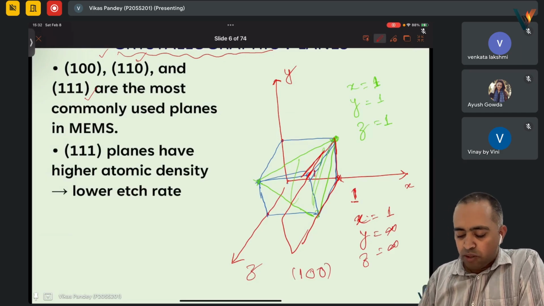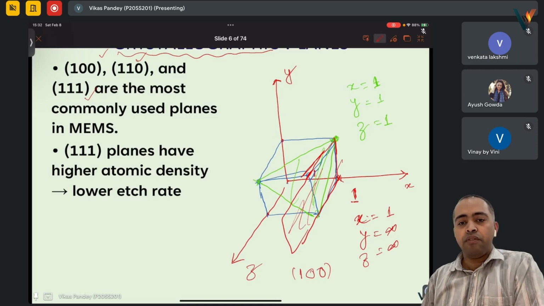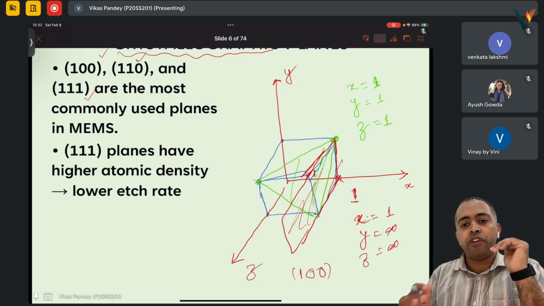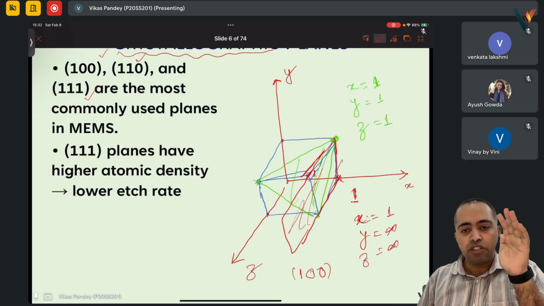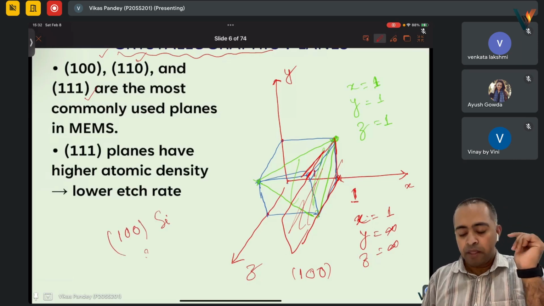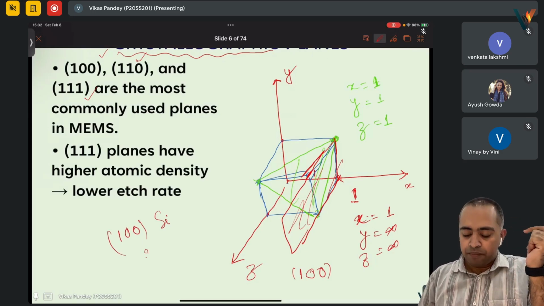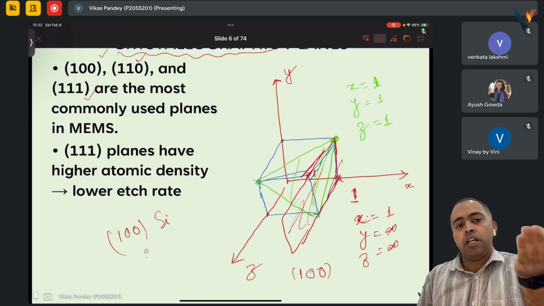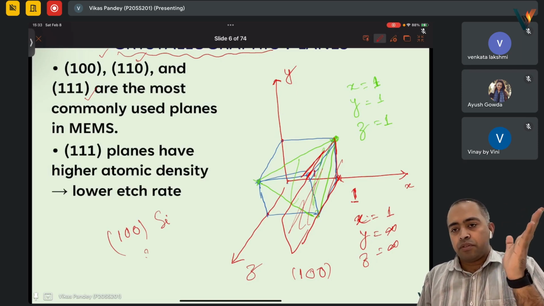And if the silicon crystal is cut such that the top face is this 100 plane, it will be called 100 silicon. If it is cut such that the top surface is the 111 plane, it will be called 111 silicon.